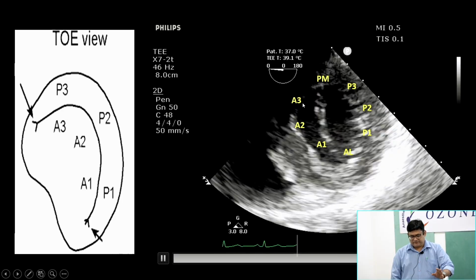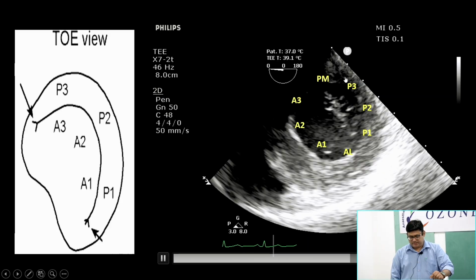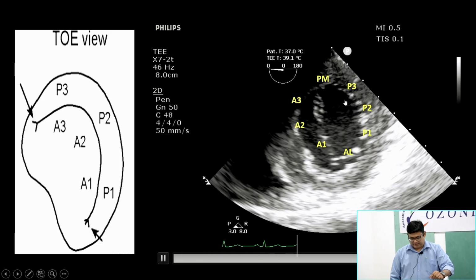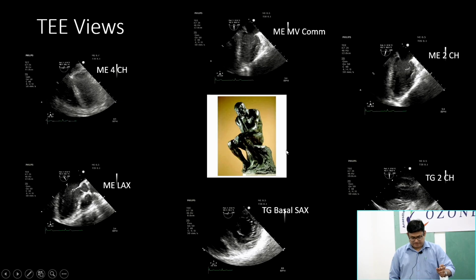To the left is your anterior mitral leaflet A1, A2, A3, and P1, P2, P3. And this is the surgeon's view, where the surgeon is standing on the right side, and you have your posteromedial commissure to the right, the anterolateral commissure, the posterior mitral leaflet with its segments, and the anterior mitral leaflet.